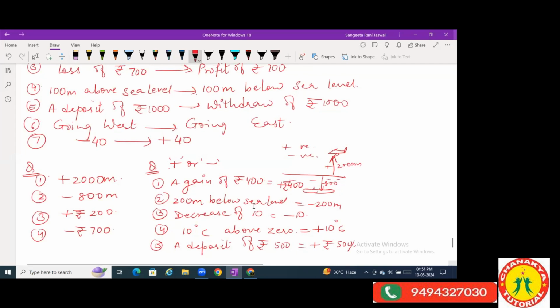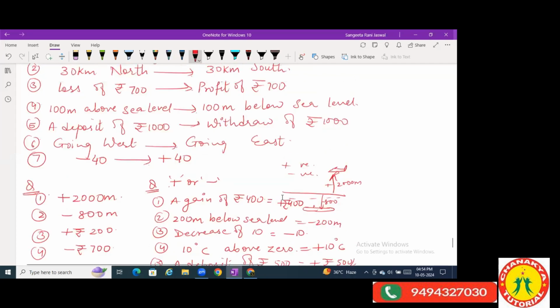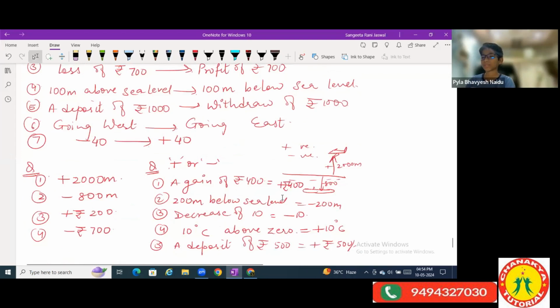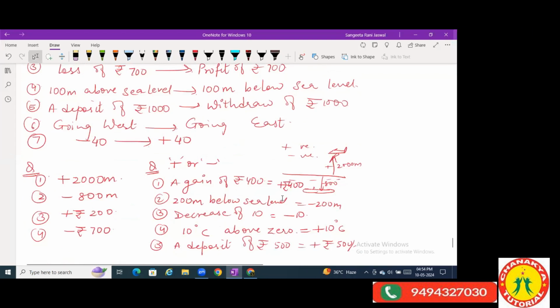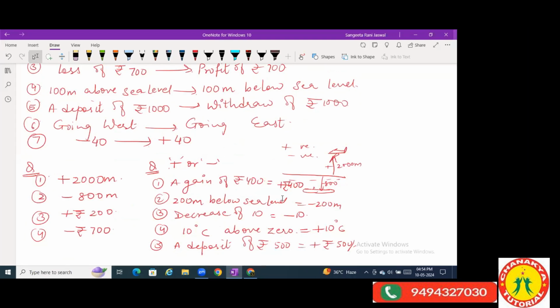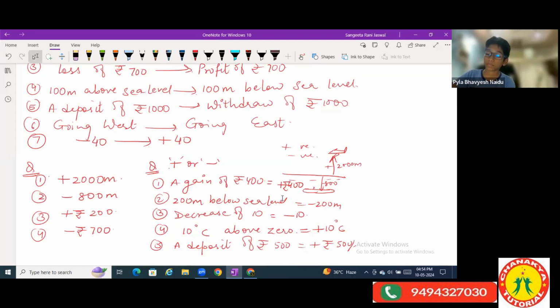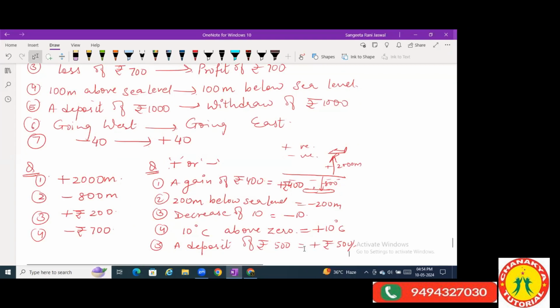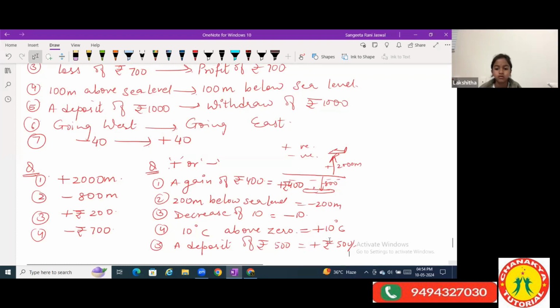So I hope you have understood this concept, right? I think both symbols are same. What happened? Rupees and slash and minus. Yes, what happened, beta? Both symbols are maybe same. Which symbol, beta?